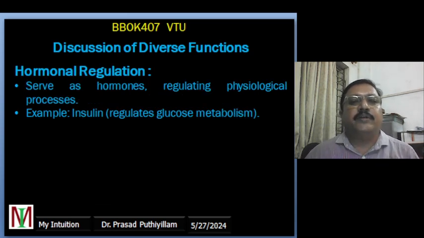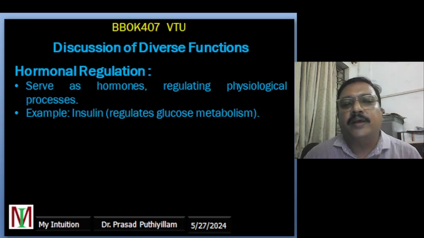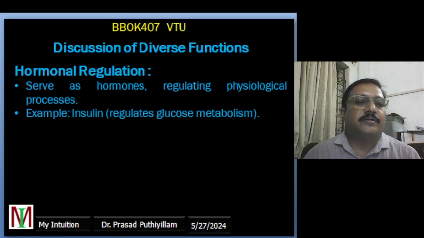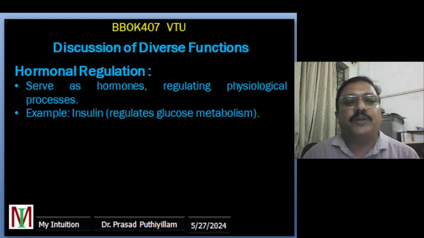Then hormonal regulation. Proteins serve as hormones regulating various physiological processes. Insulin, which is produced in the pancreas, regulates glucose metabolism and blood sugar levels.